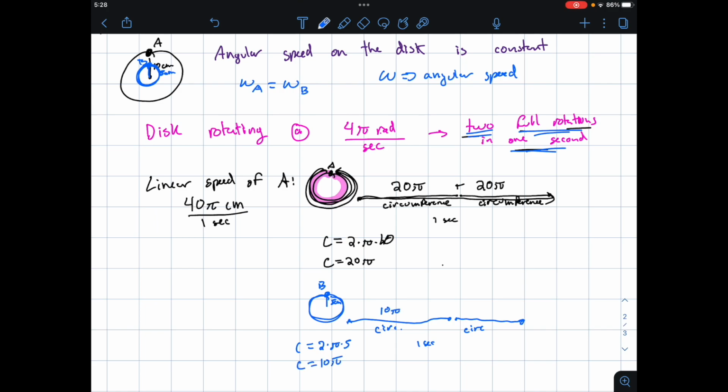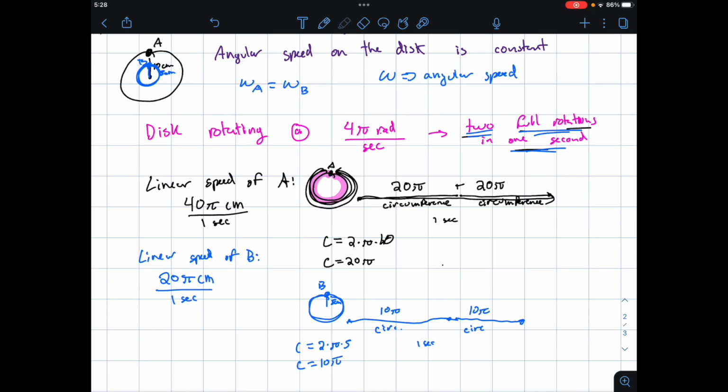So we go 10 pi in the first half second on the first rotation, then 10 pi in the next half second, completing 1 second, 2 turns. And so we go a full distance of 20 pi. So the linear speed of B is 20 pi centimeters in 1 second.